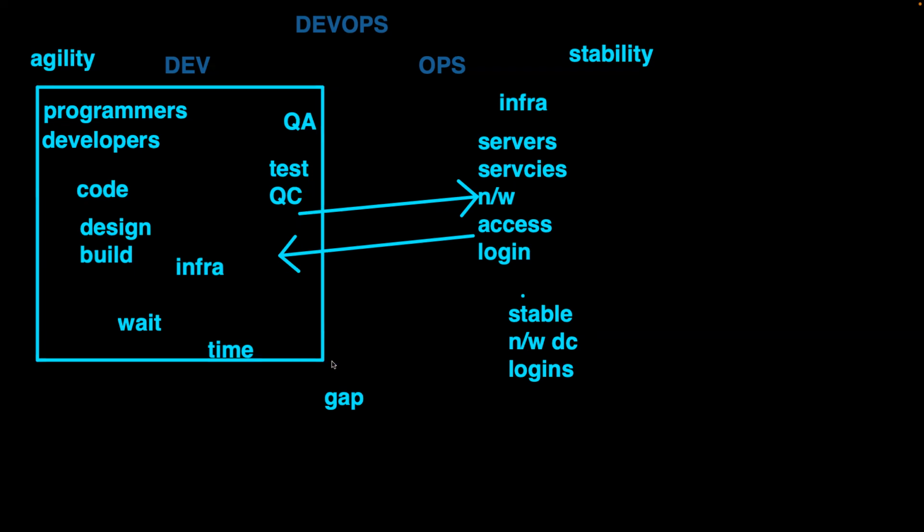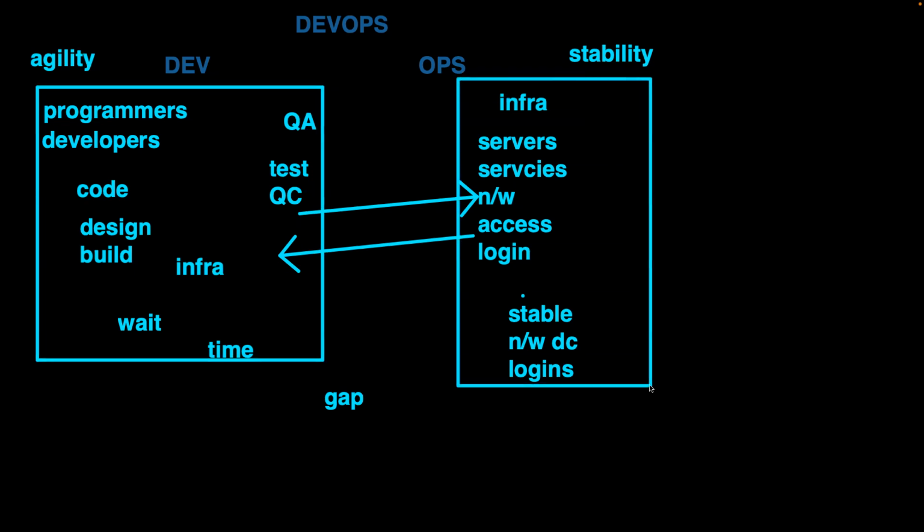So there is always a gap between the two teams, because this gap arises because their skill sets, their core competencies are different. Means the skill set of developers is totally different from infra people or ops teams, right? Their areas of expertise are different, their core competencies are different, their understanding is different.